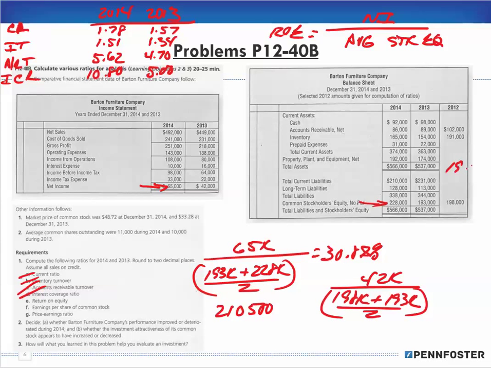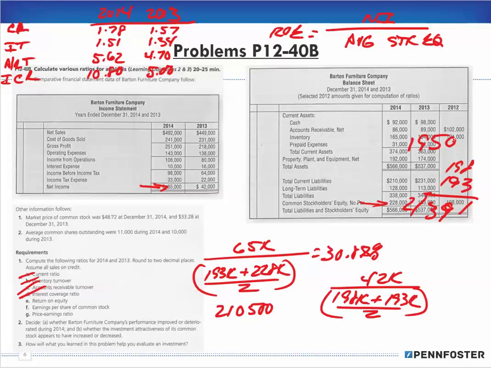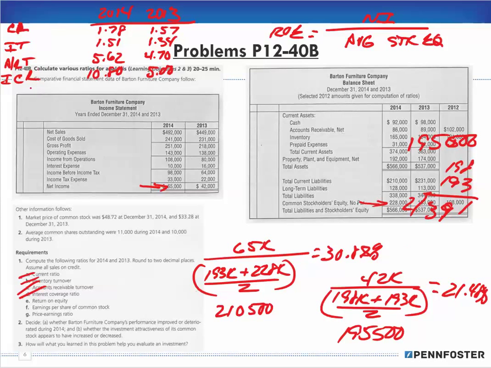So 198 plus 193 is 391, divided by 2 gives me 195,500, and divide one by the other, and I get 21.48%. So my return on equity over here, I'm going to put the 30.88% and the 21.48%. Okay, pause the video because I'm going to erase this.